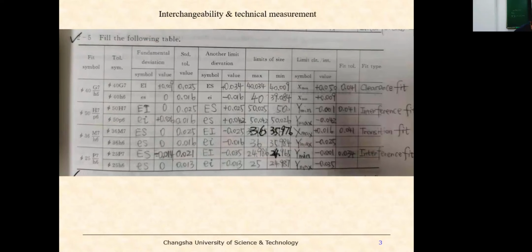So for the MM it is 0.025, and then you need to find the fundamental deviation value, and you find the table 2.6. So it is page 34.